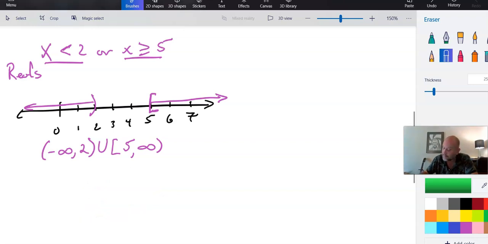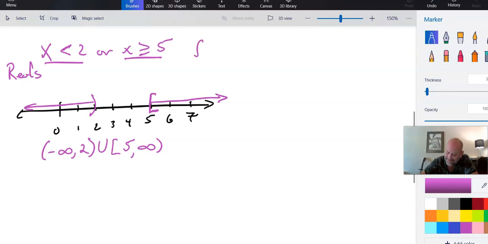Now, suppose we were doing this in a discrete fashion also, though. So it said graph x is less than 2 or x is greater than 5. Oops, let's switch colors. Well, let's erase it first. And turn on the pen.